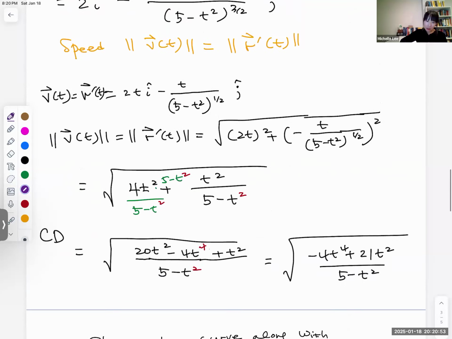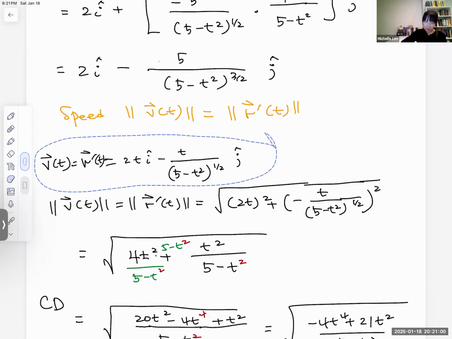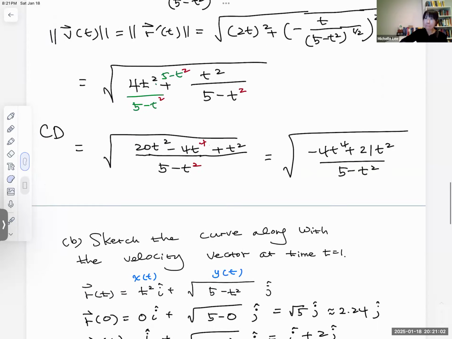So the velocity function, we have this one.